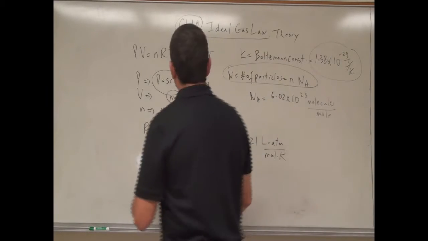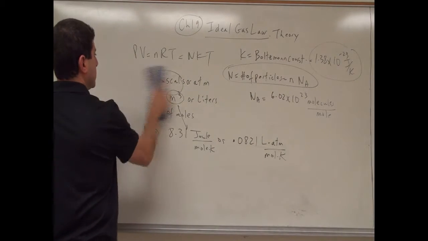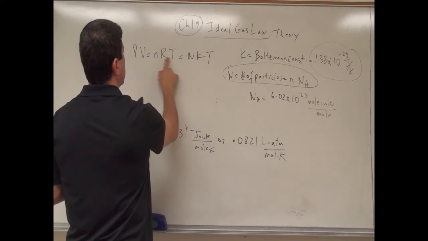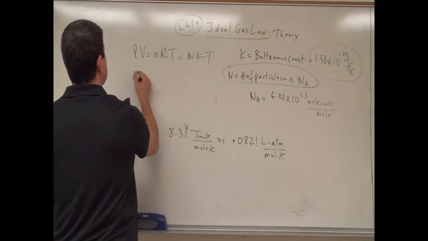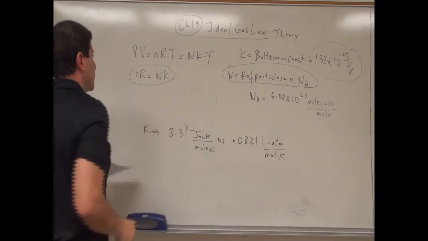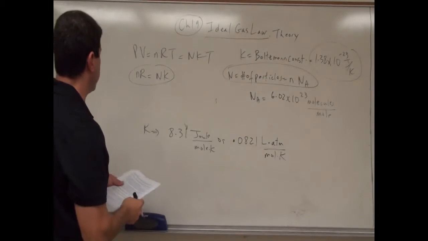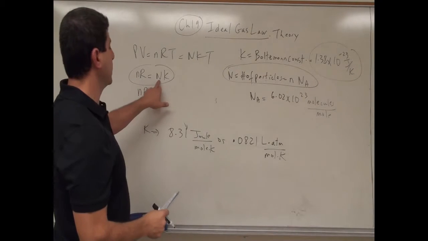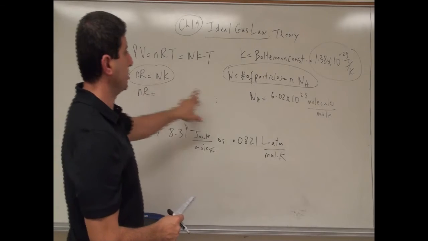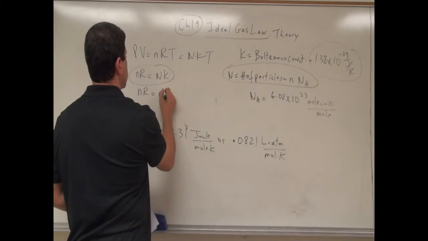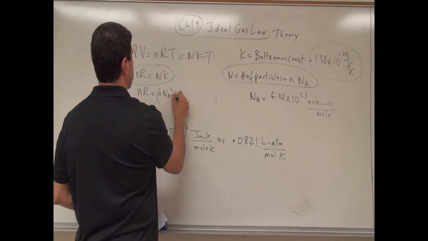Now you can see from this equation that since this is T and this is T, nR must equal Nk, right? Well, does that make sense from what we have said so far? We have here nR, and then big N is equal to the number of moles times Avogadro's number, right? n times N_A times k.